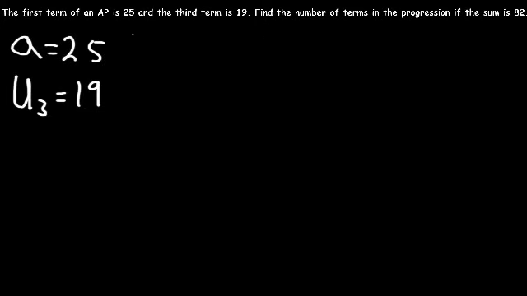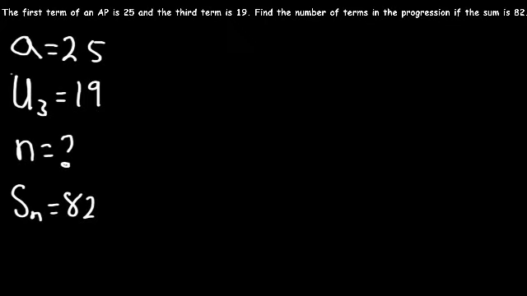We have to find the number of terms, that's the value of n. If the sum is 82, then S sub n will be equal to 82. So our main goal is to find the value of n.